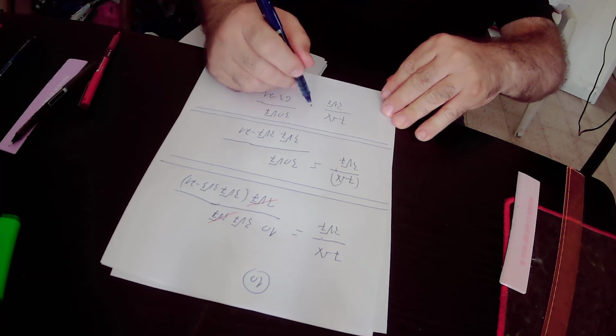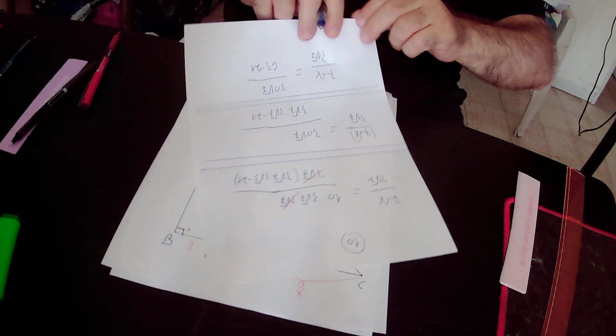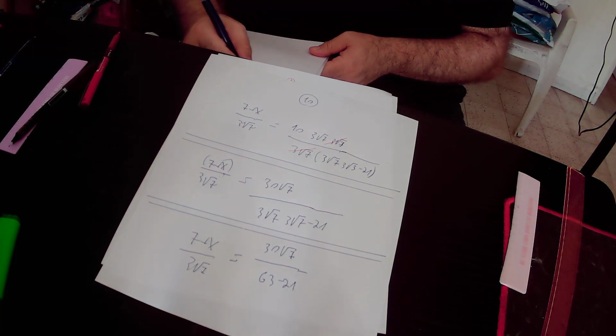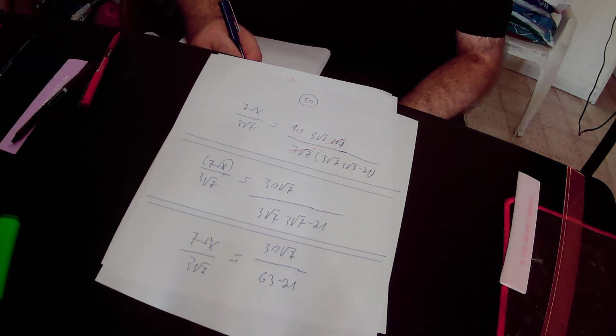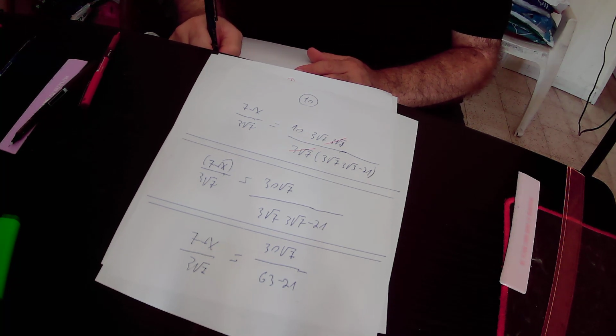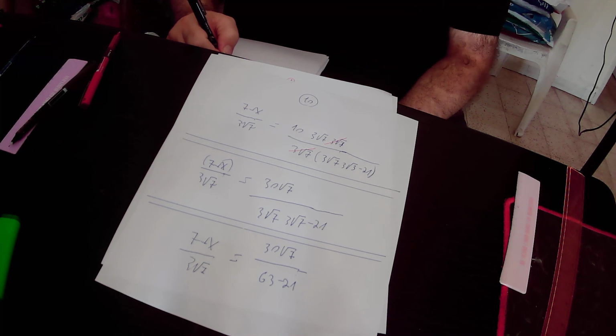So we have here 7 plus x over 3 times root 7 equals 30 times root 7 over 63 minus 21 is 42.